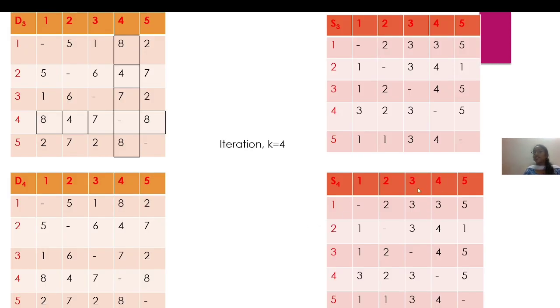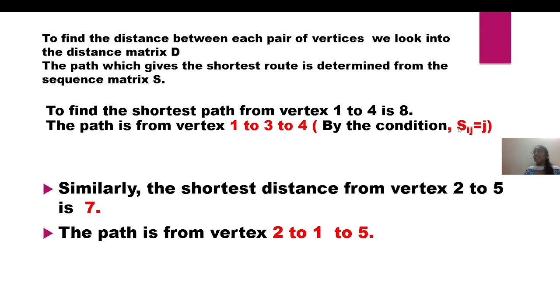From 1 to 4 we got 3, which indicates that there is an intermediate vertex. So we will check from 3 to 4. From vertex 3 to 4 we have 4, which matches with this condition, that is S3 4 will be 4.